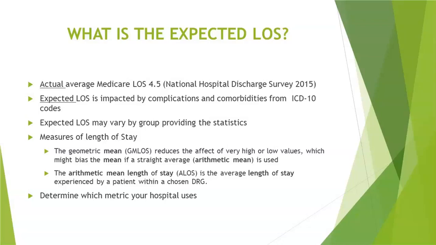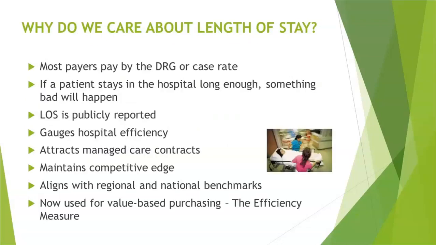So that's one way, GMLOS. And then the other is a straight arithmetic mean length of stay. So that's just adding up your lengths of stay and dividing by the total number of discharges. It's a straight mathematical average. You want to know which one. Everybody says average length of stay, but that may or may not be what your hospital is using. So it's something you need to know and understand. It should be labeled by your finance folks, perhaps, who are providing you with that information.